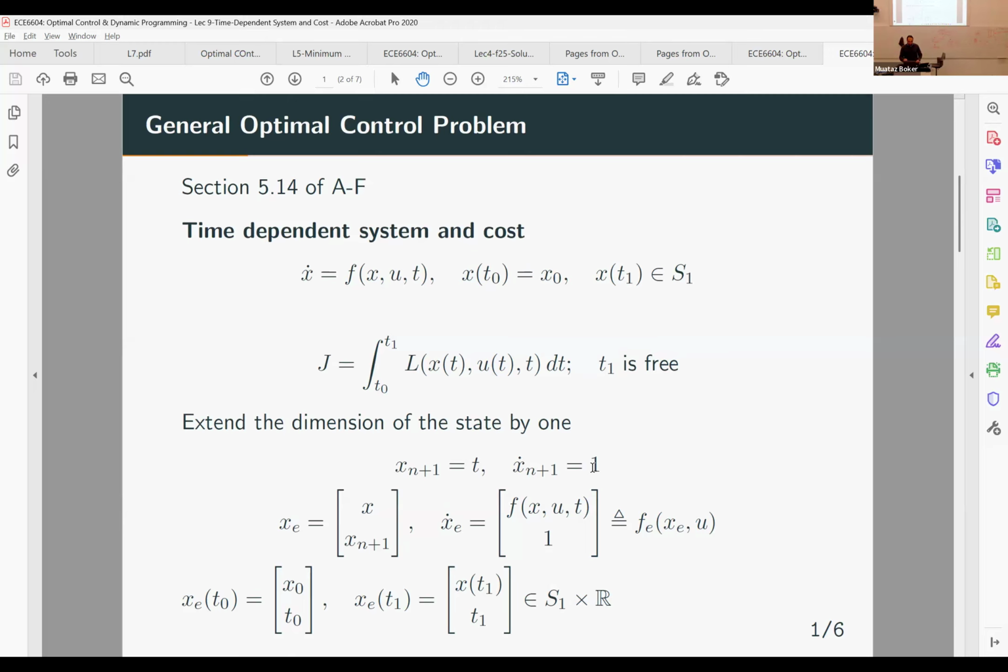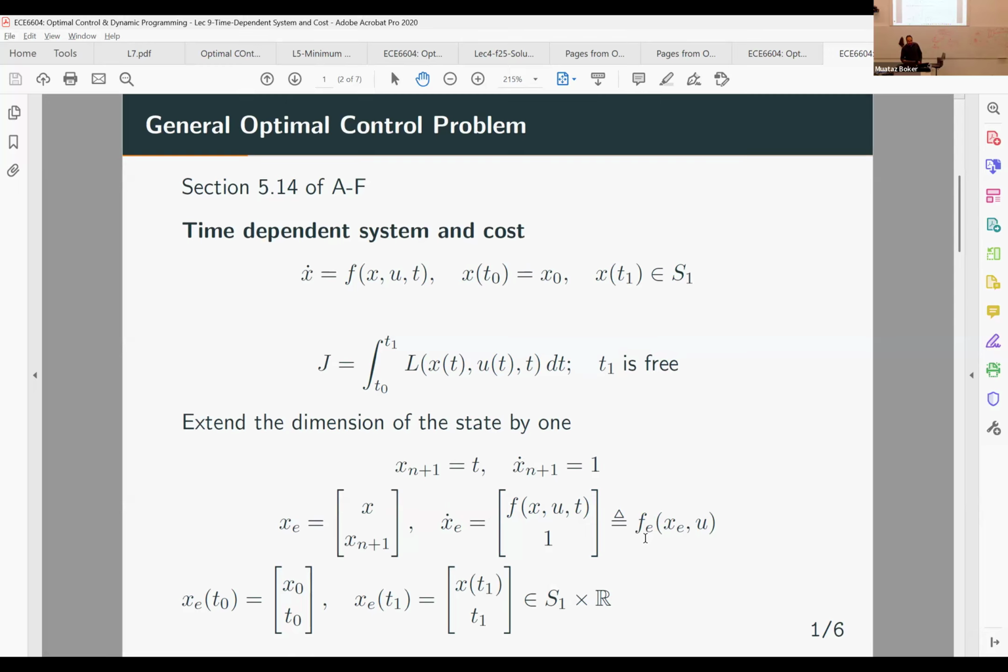Now augment everything together and call that xe, the extended state, equal to x and xn plus 1. The derivative of x is f, and the derivative of xn plus 1 is 1. We define that as the new fe.